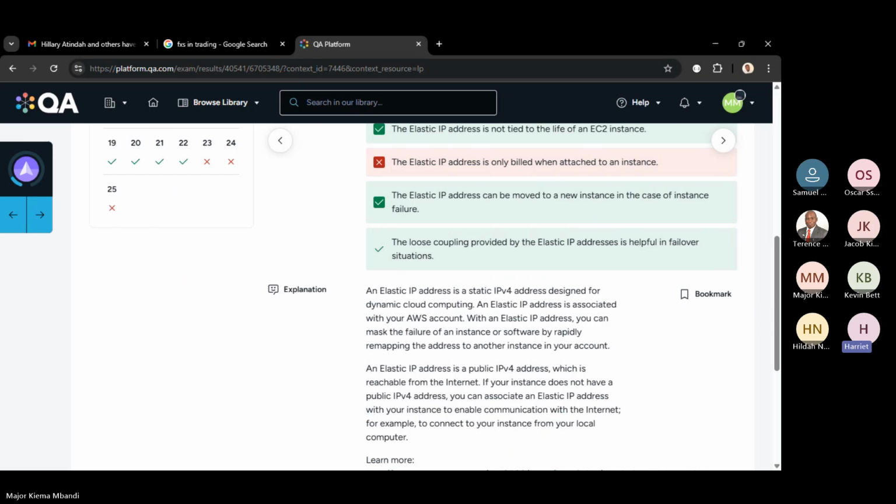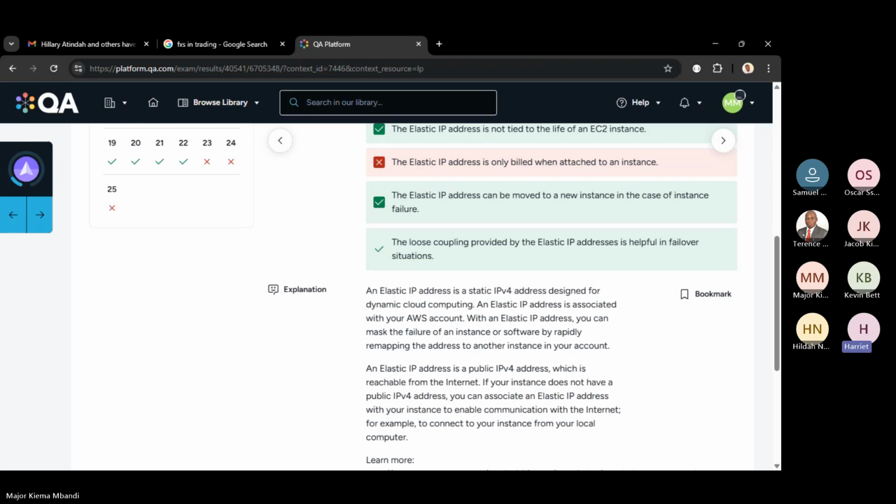The explanations: an elastic IP address is a static IPv4 address designed for dynamic cloud computing. An elastic IP address is associated with your AWS account. With an elastic IP address, you can mask the failure of an instance or software by rapidly remapping the address to another instance in your account.